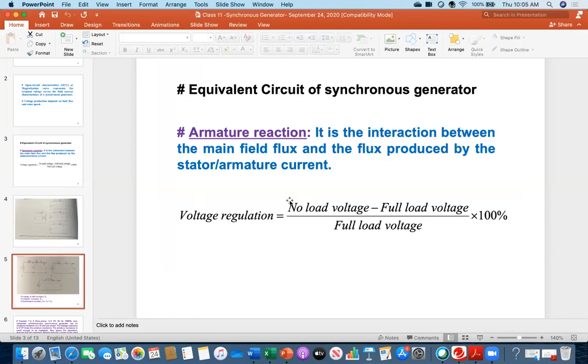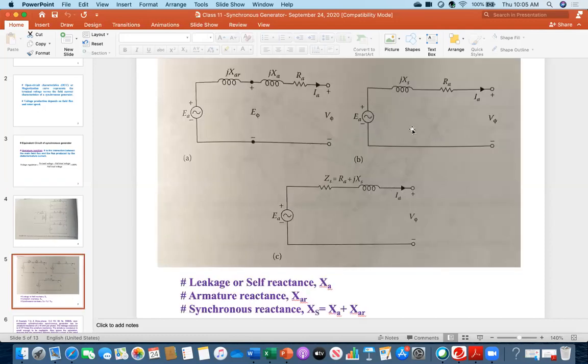So once again, in this picture, for example, this is the equivalent circuit, but no load is connected, meaning no current is flowing. IA is 0. If IA is 0, then here you will get this voltage. So this one will be your no load voltage.